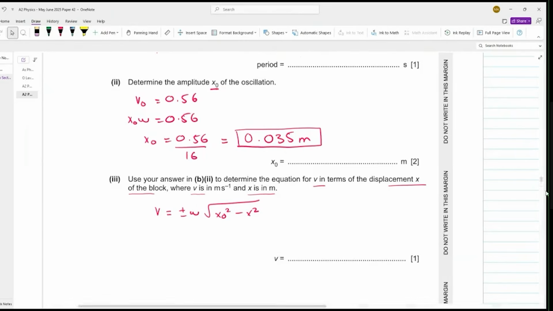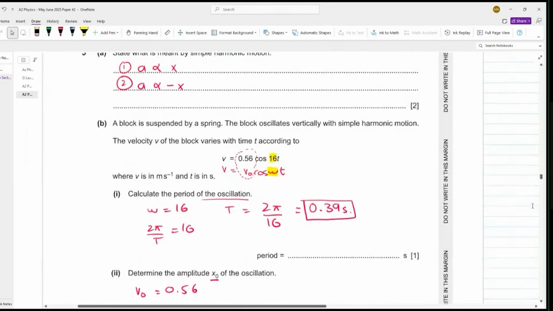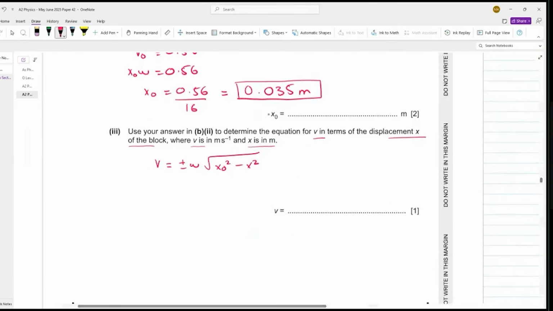Do we have the value of W? Yes, 16. Do we have the value of x naught? Yes, 0.035. Velocity v is equal to plus minus 16 under root 0.035 का square minus x square. This will be your equation. इतनी आसान है. Literally सिर्फ ये वापस लिखने के आपको एक मांगेगा. Okay. Let's further move ahead.